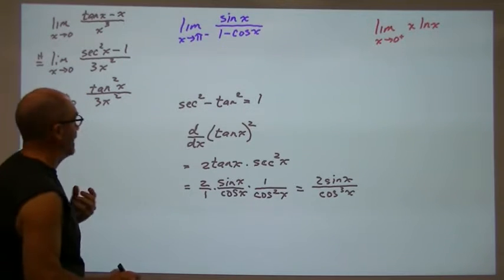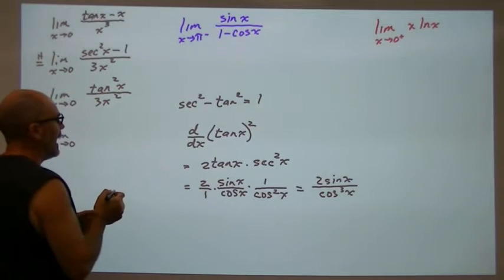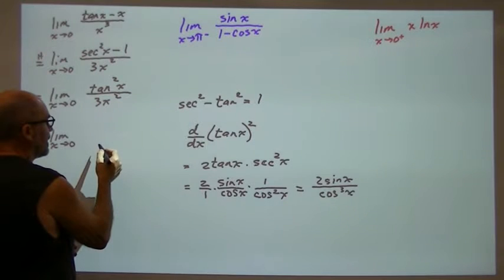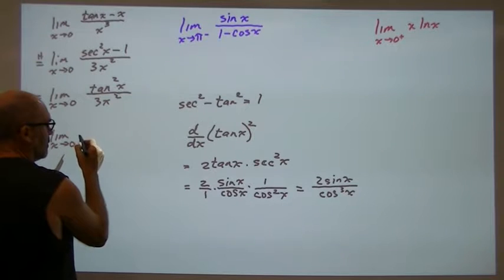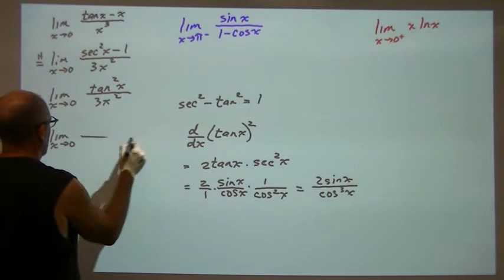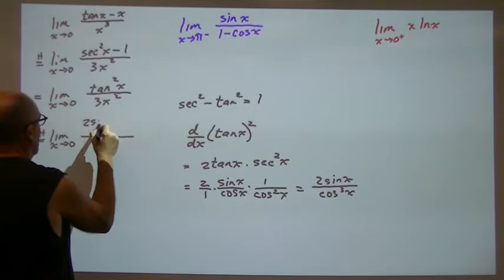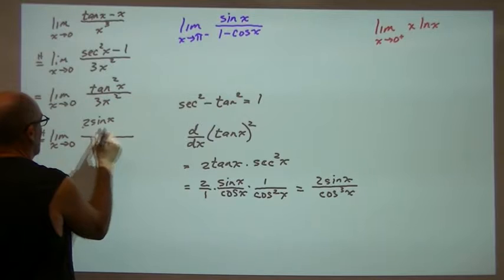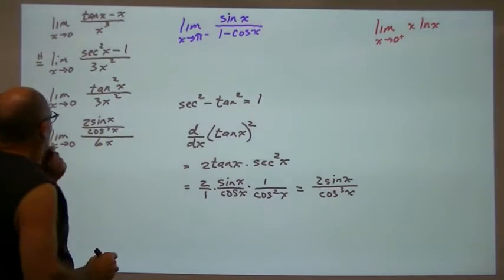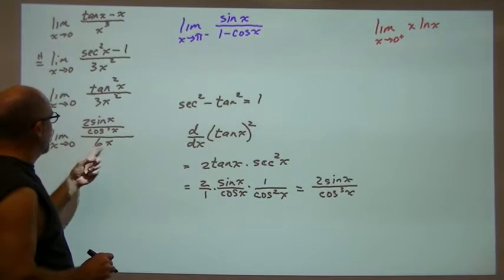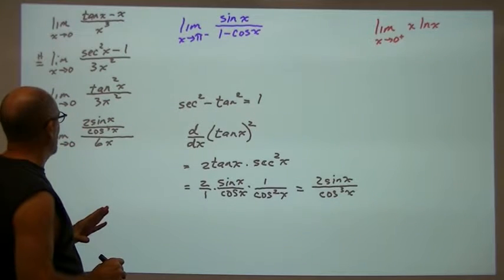Now, this is getting ugly. Okay, so that was the derivative of the top. And the derivative of the bottom is 6x. Okay, now we still have 0 over 0 if we plug in x equals 0.